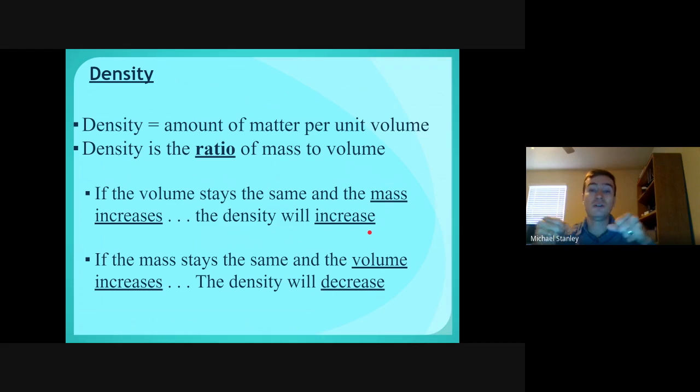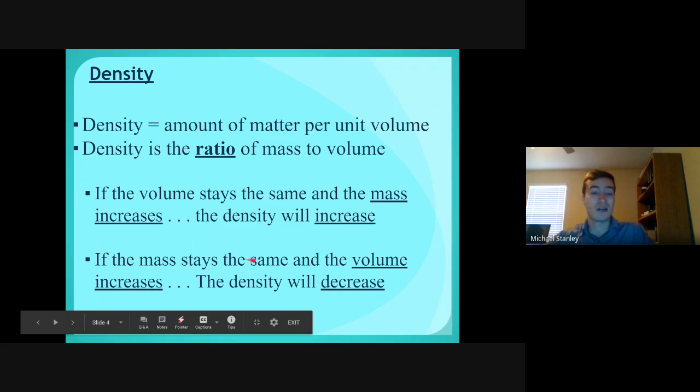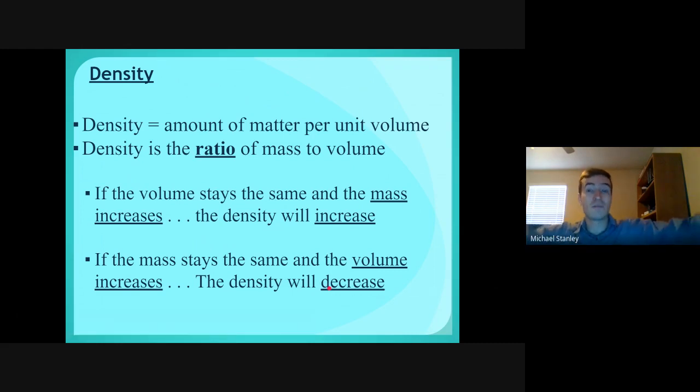So if you took your little amount of trash and dumped it into the bigger trash can, the trash would be able to spread out from itself a little bit more, right? The mass stayed the same, so you have the same type of trash, but the volume increases. It went from a little trash can to a big trash can. So in that case, the density of your trash went down. It became less compact. It was able to spread out more.